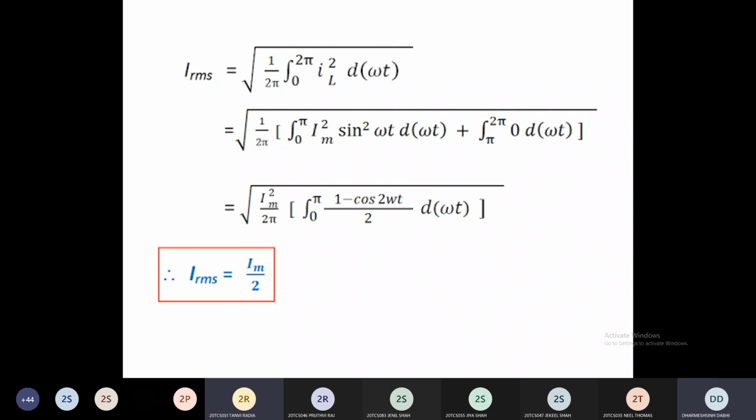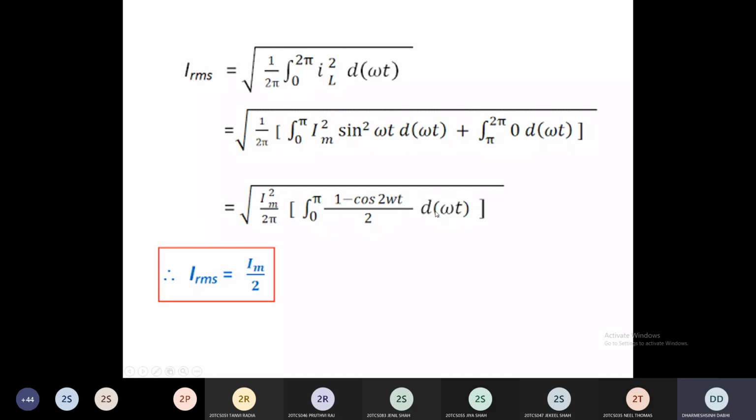No, it is not 2 omega, because you take the integration with respect to omega t, not with respect to time. Here 2 is a constant in the omega t term. So integration of cos 2 omega t is sin 2 omega t divided by 2, because you take integration with respect to d omega t.